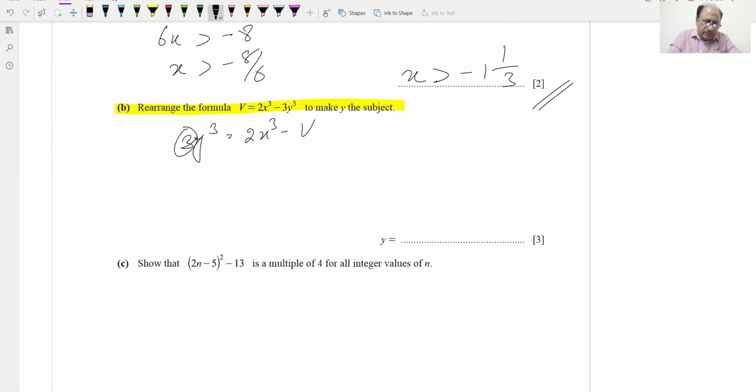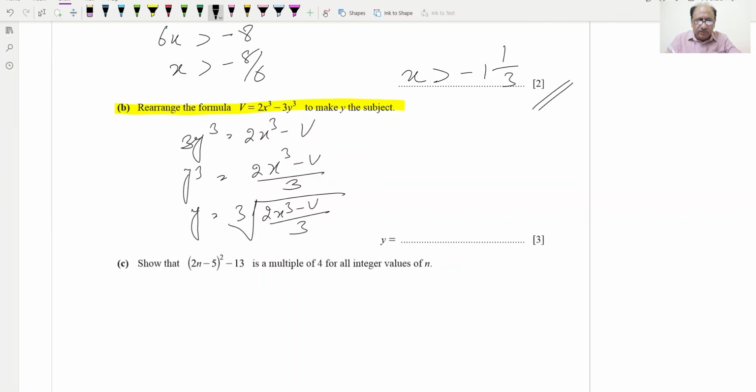Now we can send this 3 to the other side, so y cubed is equal to 2x cubed minus v over 3. To get rid of this cube, we can take the cube root, so y will be equal to the cube root of 2x cubed minus v over 3, and this will be our final answer.